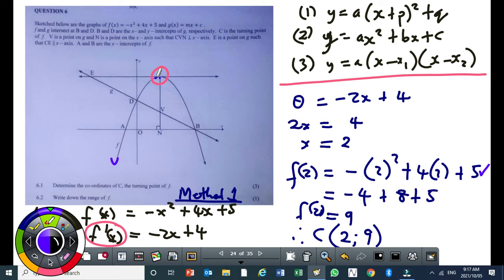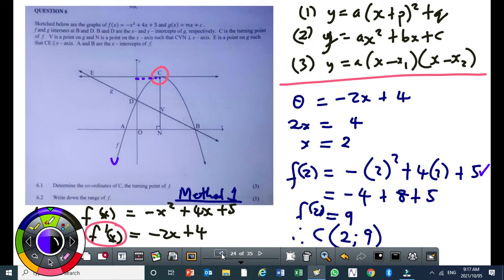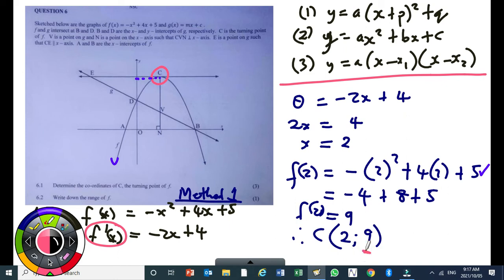You need to know what is the value of y here. That value of y will be your maximum value of y. The good thing is we found it by finding the turning point. We know what y is at the turning point. It's equal to what? 9. So 9 is the maximum value of y.